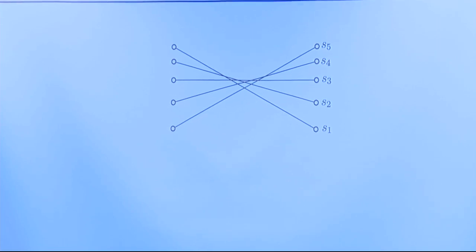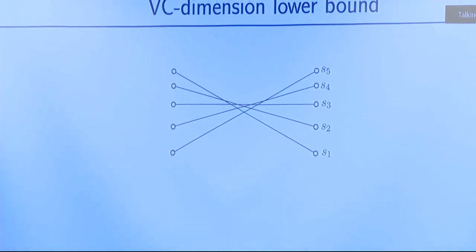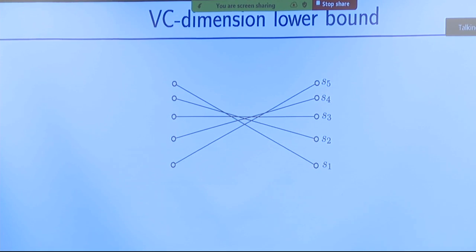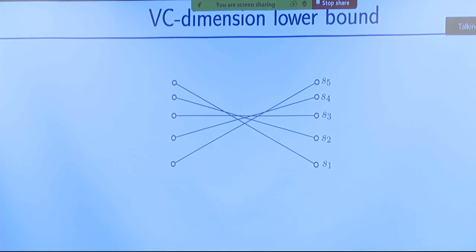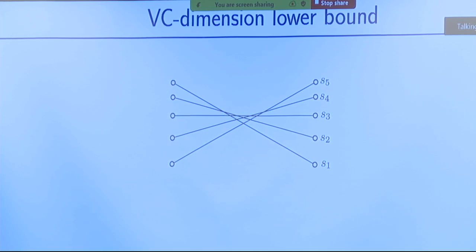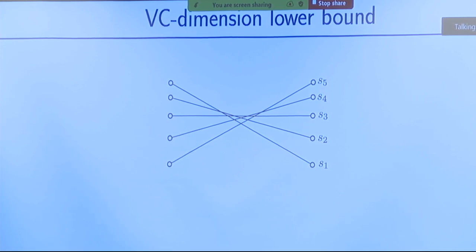And now, just so you appreciate this result a bit better, I wanted to talk about a lower bound for the VC dimension in a seemingly simple case where the ground set are line segments, and my sets are described by curves. I want to show you that the VC dimension can be large.